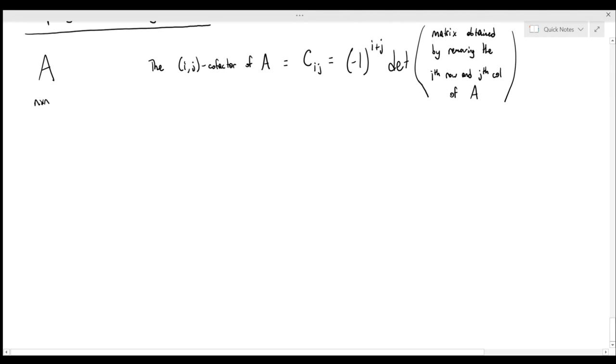All right. So then using these cofactors, it turns out that you can compute the determinant of A by choosing any row or any column. So let's say I choose the ith row.